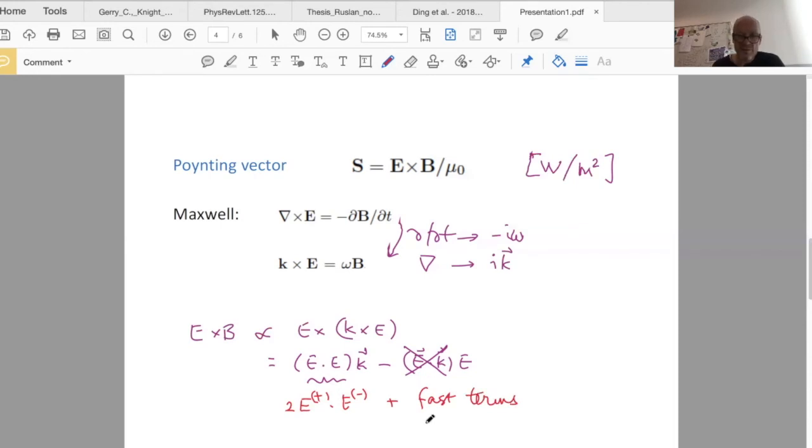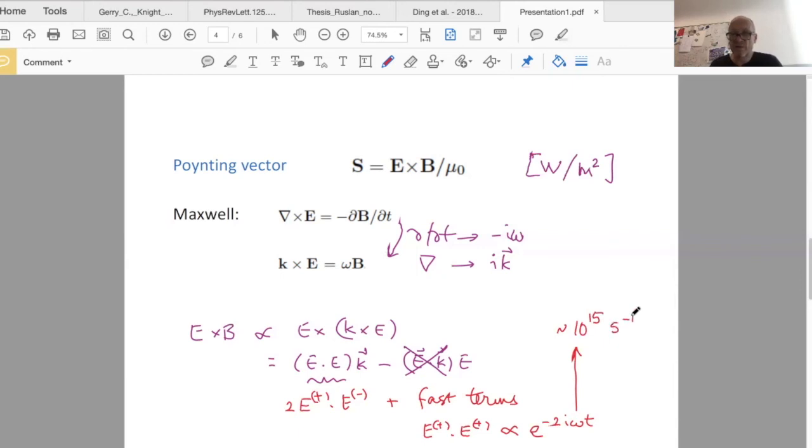And these are terms of the form like E plus dot E plus and also E minus, because this thing now goes in time like e to the minus 2i omega t, which is incredibly fast, because if we're talking about optics, then this omega is going to be 10 to the 15 or so hertz.